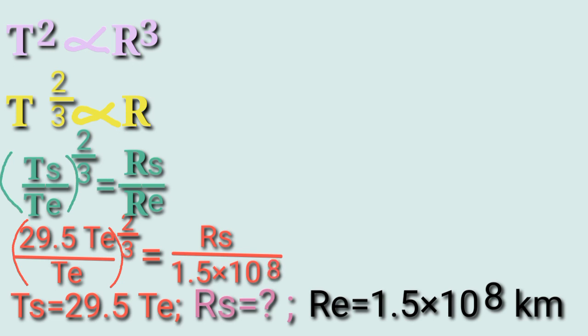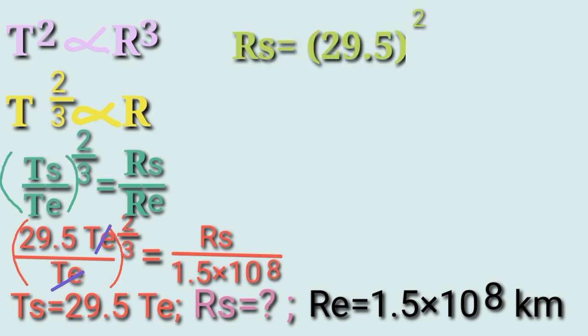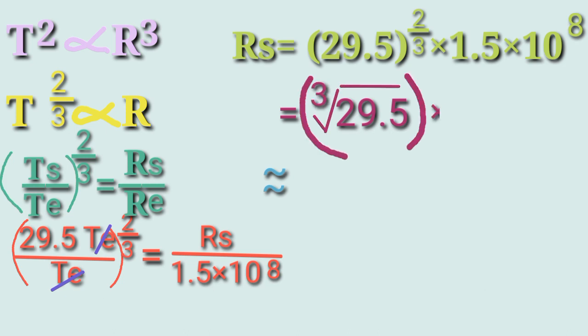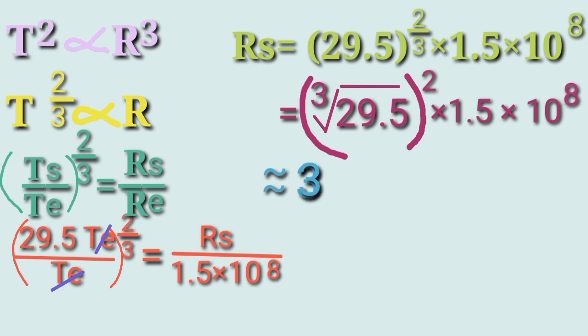After T cancels, we get Rs is equal to 29.5 raised to 2/3 into 1.5 × 10^8. Now 29.5 is near 27, whose cube root is 3.